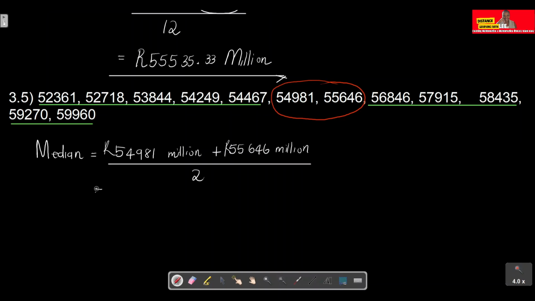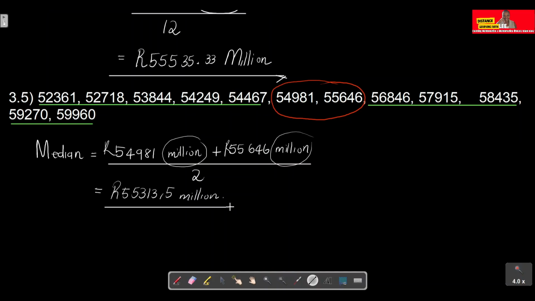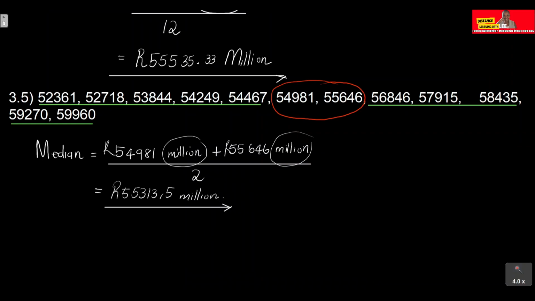This will give us what our median value is. So if you punch into your calculator, the median value is 55313.5 million. Because our units haven't cancelled, guys, you need to include your units, and we are basically done.